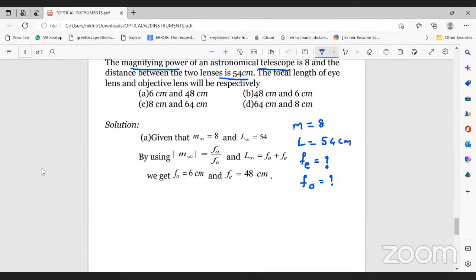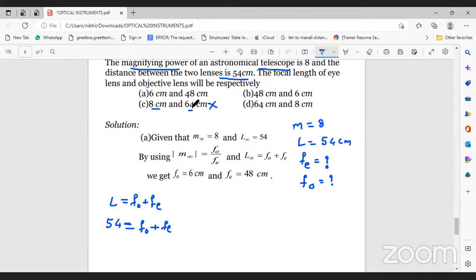In the case of a telescope, you know that length of the telescope is focal length of the objective lens plus the focal length of the eyepiece. This L is given as 54. So 54 should be equal to F naught plus Fe, right? So the sum of this should be 54. See here 64 is there, 8 is there.